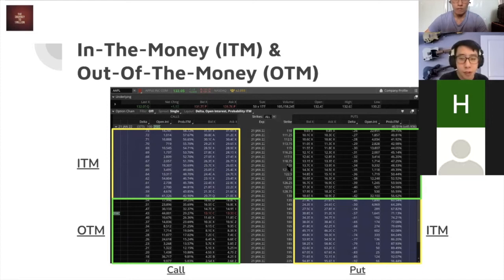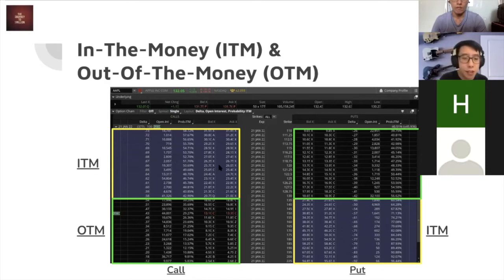For example, for the 120 strike price, if the Apple stock goes up by 1, meaning 132 to 133, your option's value actually goes up by $0.66. This is what the delta means.